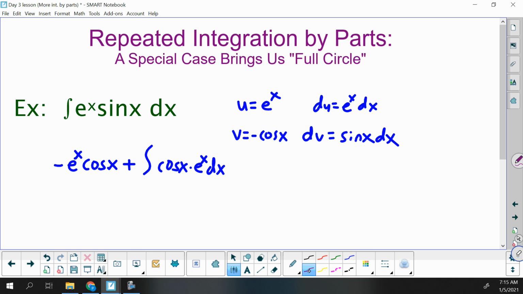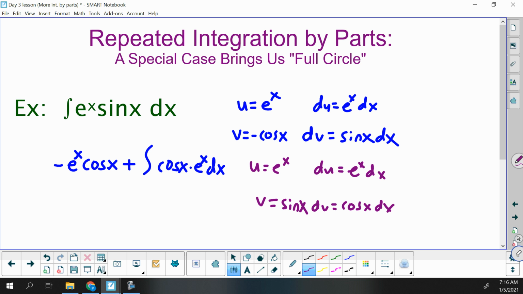Well, this is again a mismatched product. So we'll let u equal e to the x again. dv will now be cos x dx. Our derivative of e to the x is just e to the x dx. And our antiderivative of cos is just sine x.